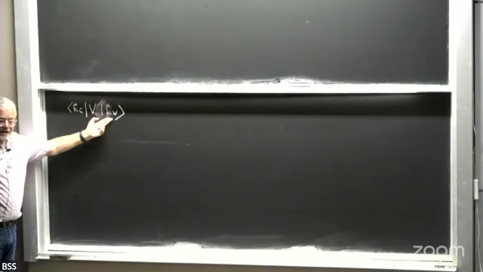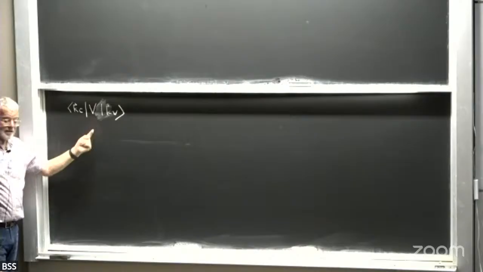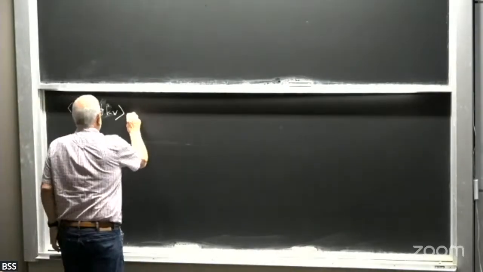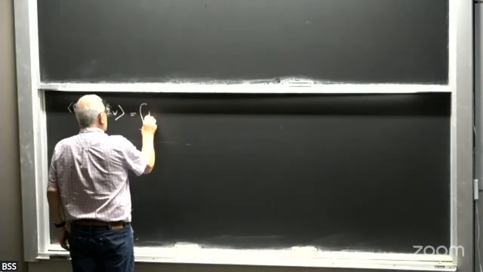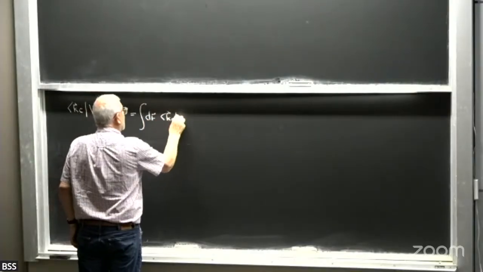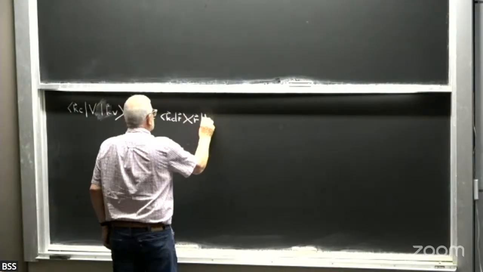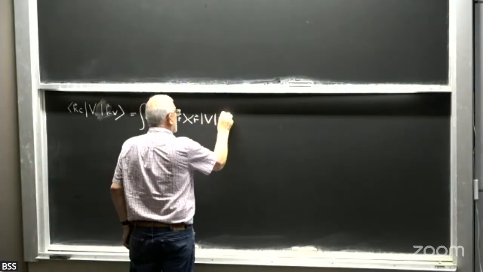But let me write it in a coordinate representation because the interaction is simple in a coordinate representation. So I can say this is integral dr, k conduction r, putting in a complete set of states twice.